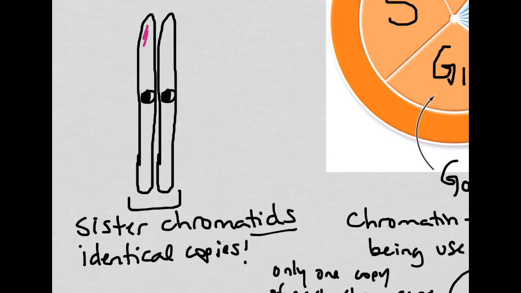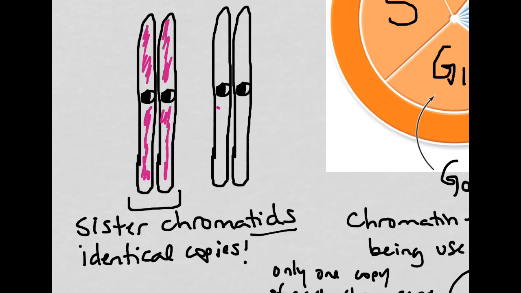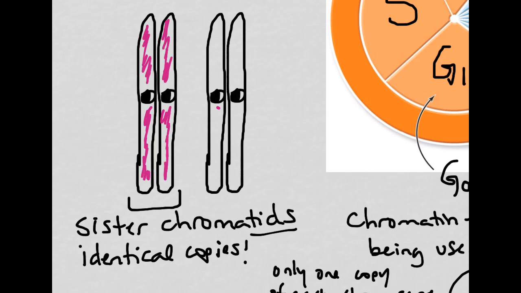Okay, so this one's the pink one from mom. And don't forget, if we're going to do homologous pairs, we needed one from dad too. So here's the one from dad. Okay, and we're going to make dad's blue.